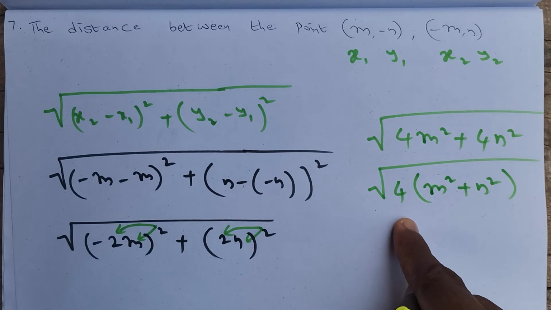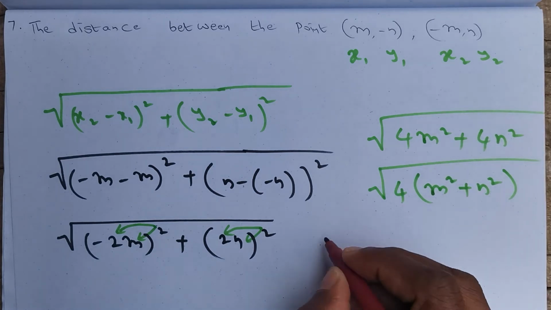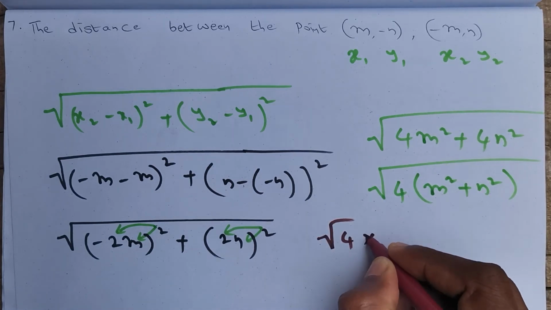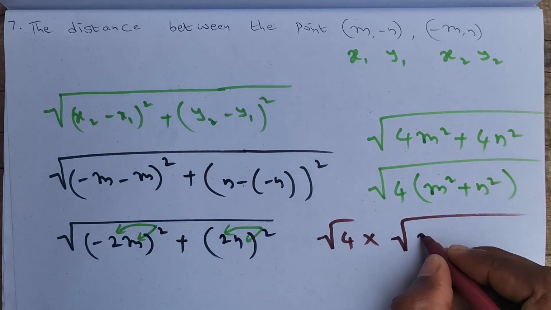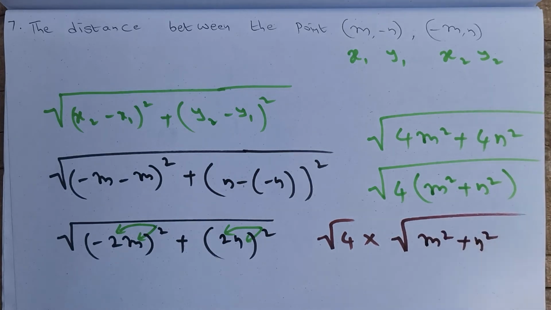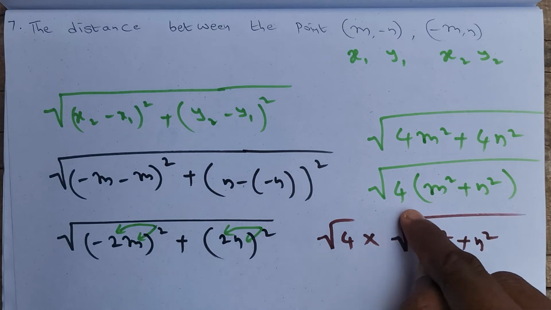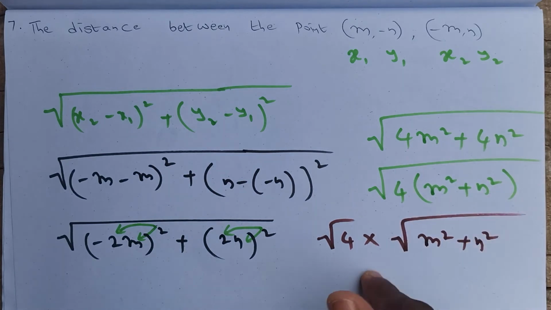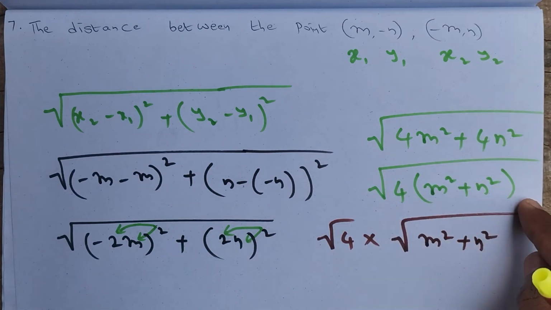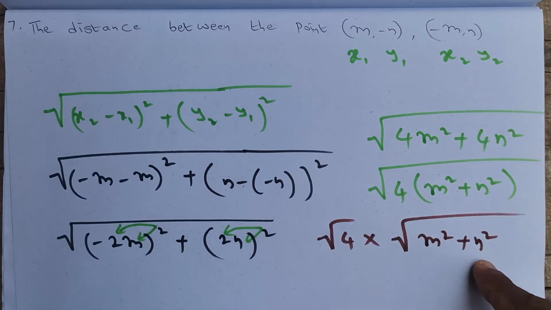Now here under root 4 into m square plus n square is there. So if I separate it, we will get it as under root 4 into under root m square plus n square. Simply this is considered as a single term, so I am separating that one.